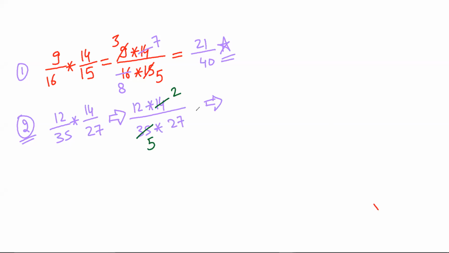Any other common factor? 3. 3 fours are 12, 3 nines are 27. Any other common factor? No, sir. So the answer is 8 by 45. Perfect. Very good, Mr. Sarthak.